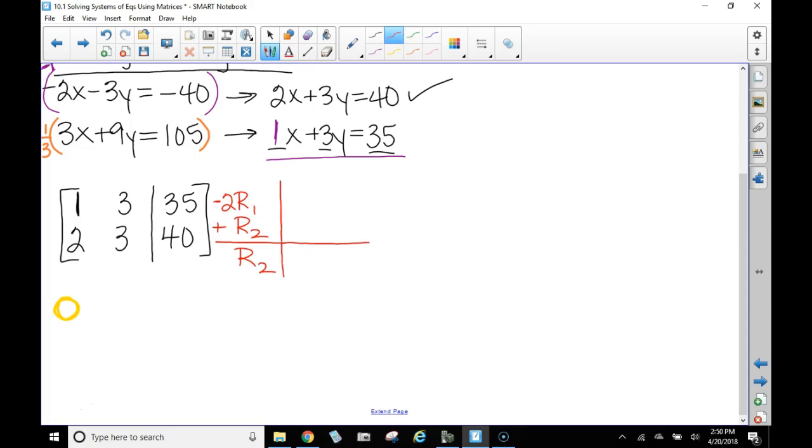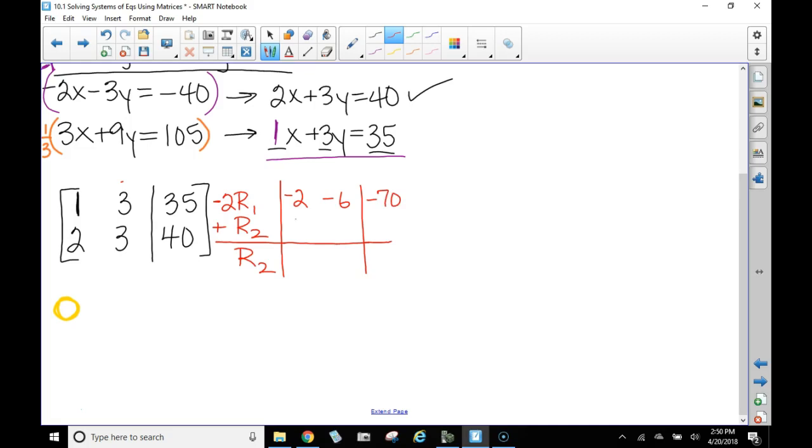Taking -2 times row 1, that would be a -2. -2 times 3 is -6, augmented with -2 times 35, which is -70.